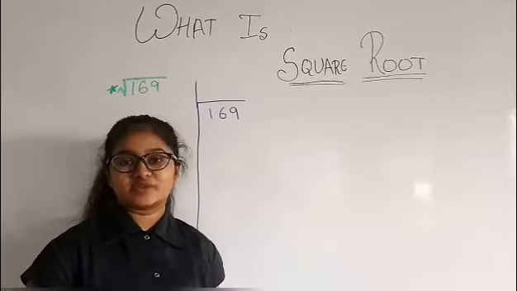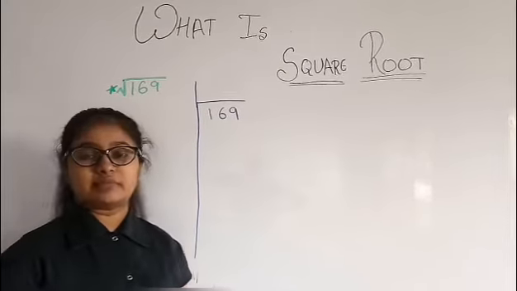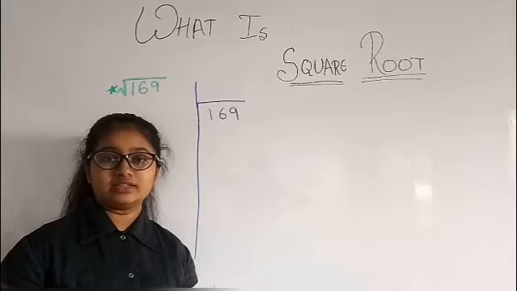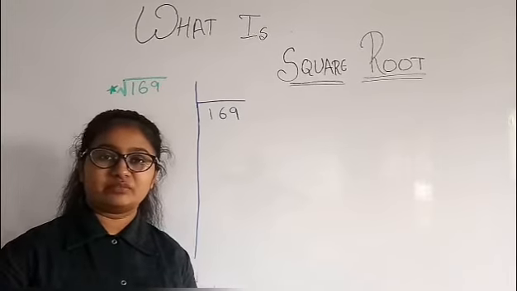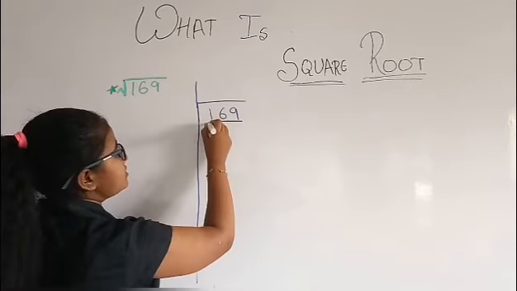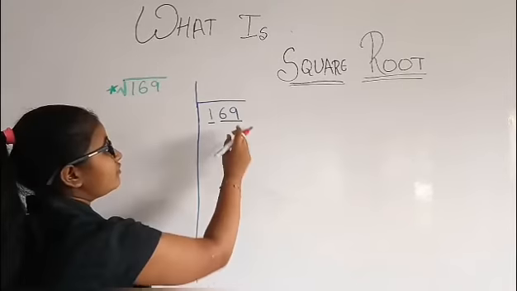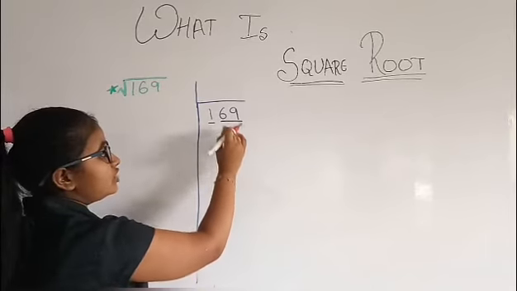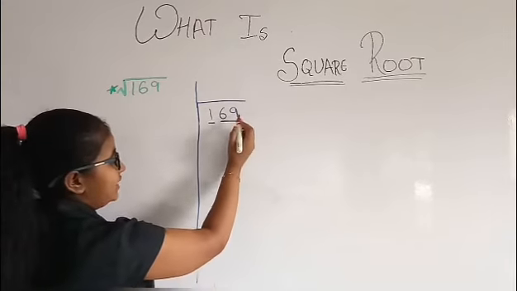We will find the square root of the number 169. It's a method. We have to learn this method to find the square root of each and every number. First of all, we will divide it into two parts. As we are finding the square root, we will take two numbers from the right hand side, from the back.